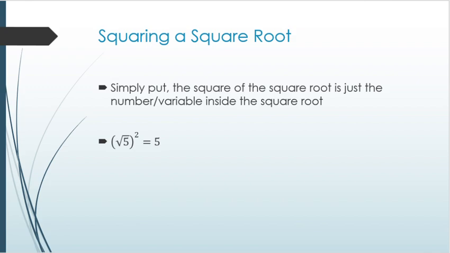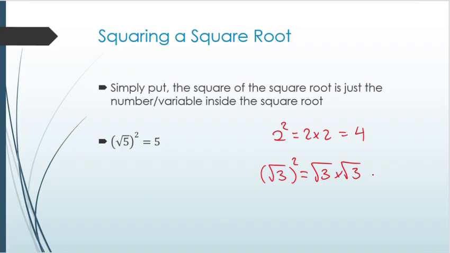If you see anything like this, where the square root is multiplied by itself, because squaring is just a number multiplied by itself, okay, this is the same case as if you were to square a rooted number. So square root of 3 squared, you just end up with square root of 3 times square root of 3, which just equals the number 3 itself.